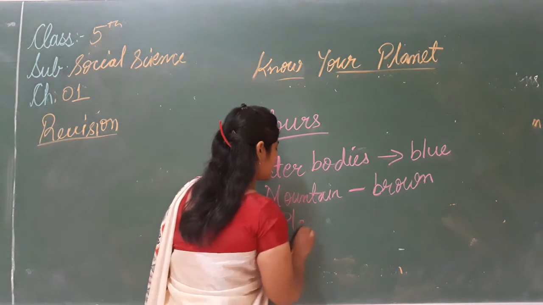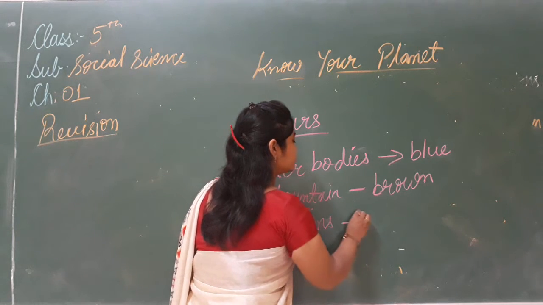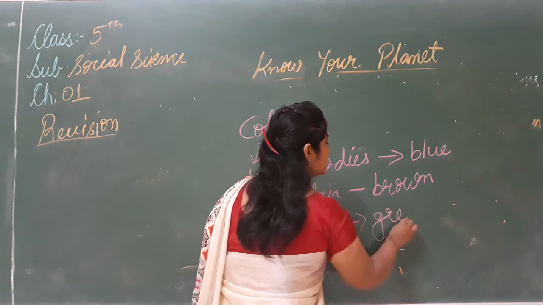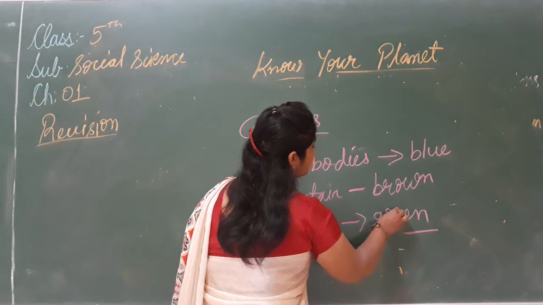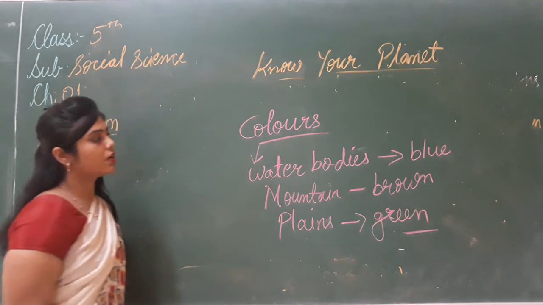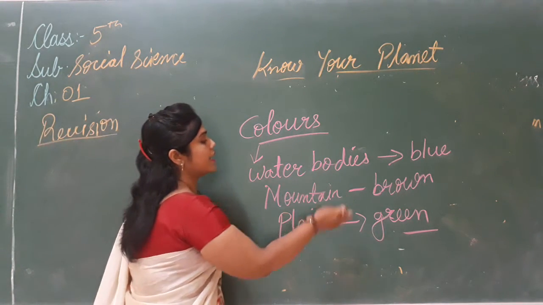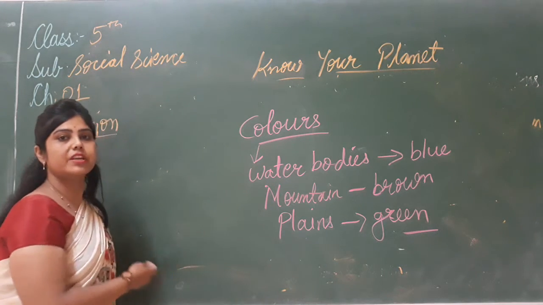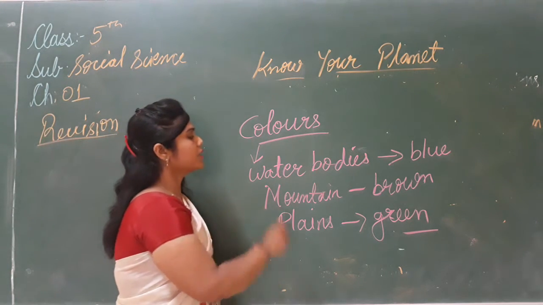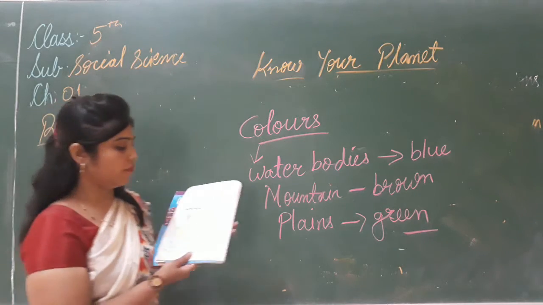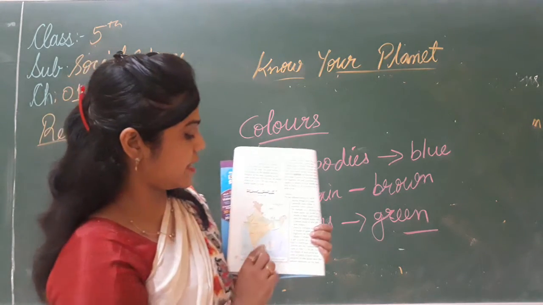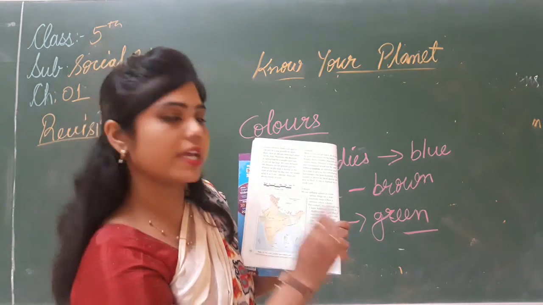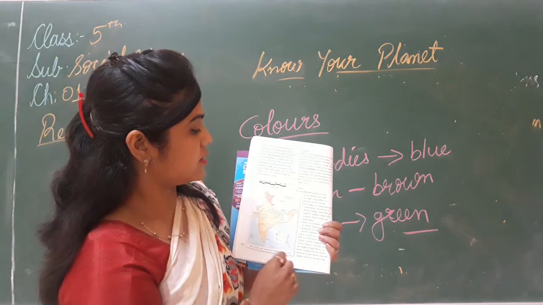Plains, which color do we use to represent plains? That is the green color. So these are the colors that also provide information about the map. So color is also helpful. We use different colors to show various things on a map.